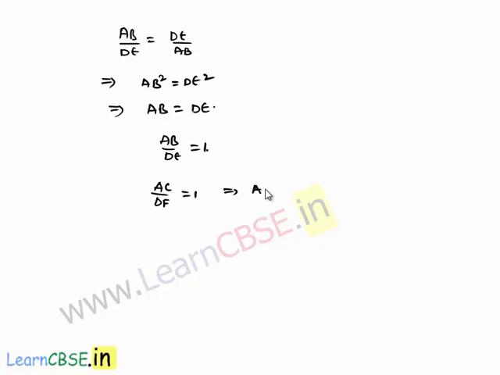Which implies AC is equal to DF. Now accordingly we can write, we assumed that angle ABC is equal to angle DEF is equal to 90 degrees, and we got that AB is equal to DE and also AC is equal to DF.